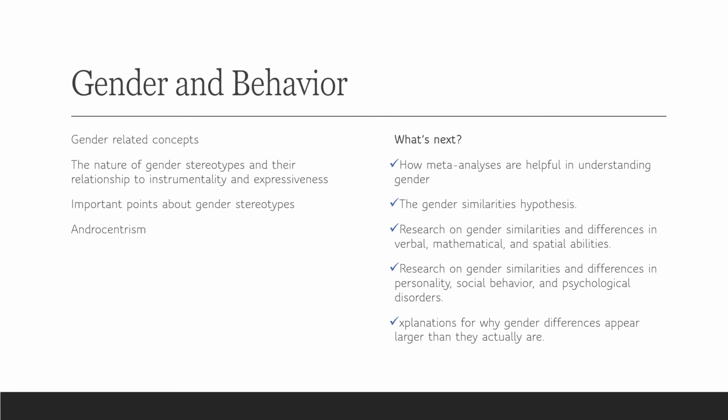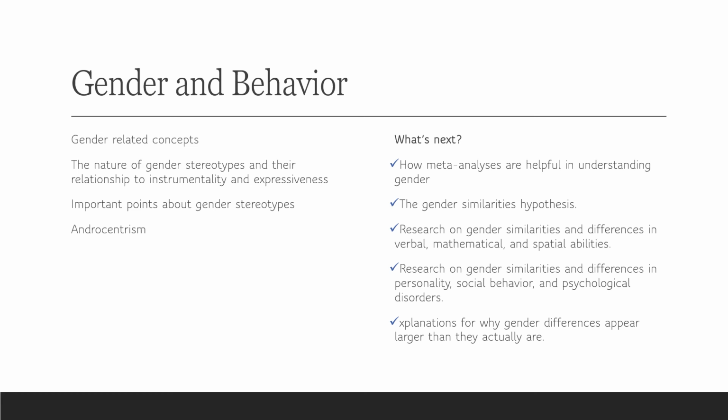And then we're going to be exploring some of the explanations for why gender differences appear larger than they actually are. And finally in our video, we're going to be looking at why these gender differences are present. So what are some of the major explanations for these differences? Are they environmental? Are the reasons biological?